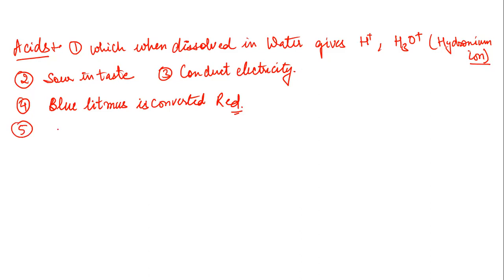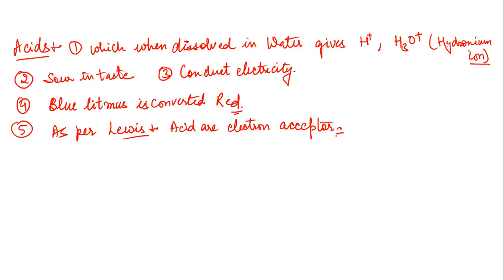And fifth is, there was one scientist, Lewis. As per Lewis, acids are electron acceptors. Got it clear? There are two types of acid: weak acid and strong acid.